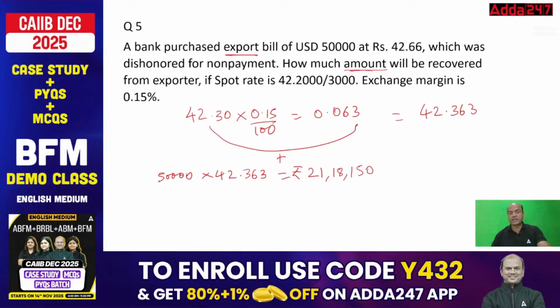Now, see, I'll give you one more. Your answer is over, but I'll give you one. Suppose if they ask you in exam, how much amount will you recover from the client? In that case, what will you do? 50,000 USD into this rate. 21 lakh 18,150.